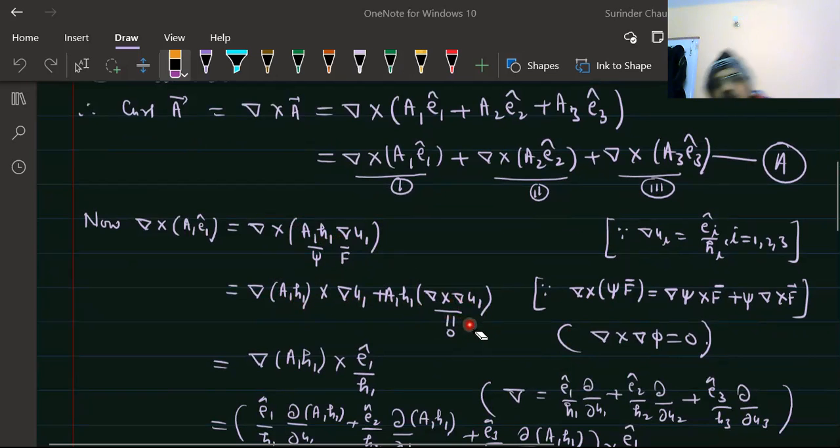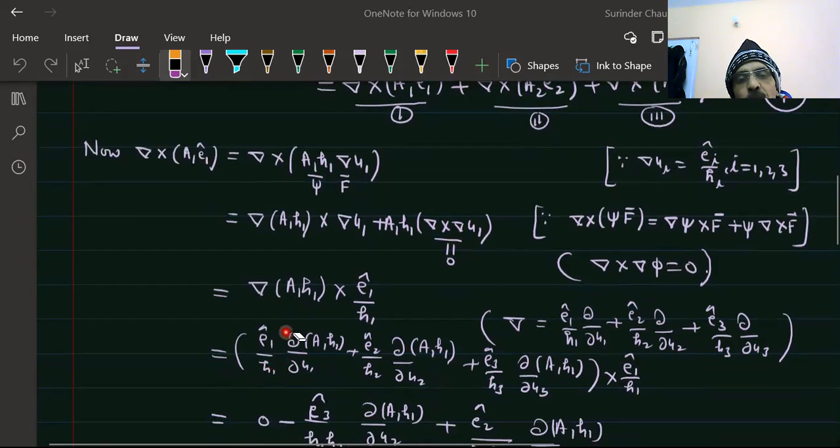Now we know that the curl of the gradient of phi is 0. So the curl of the gradient of the scalar point function u1 is 0. So this value is 0, and we are left with one component only, del of a1 h1 cross del u1.